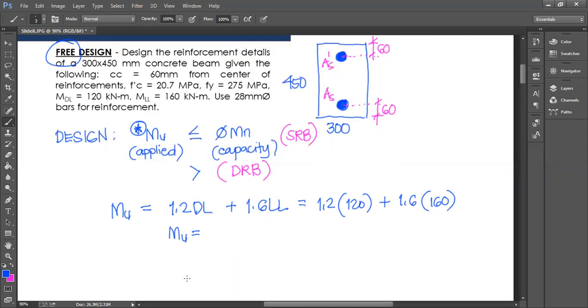Upon solving for MU, ang makukuha natin is, pindutin muna natin sa calcu. We have 400 kilonewton meter of ultimate moment na kailangan natin i-resist.